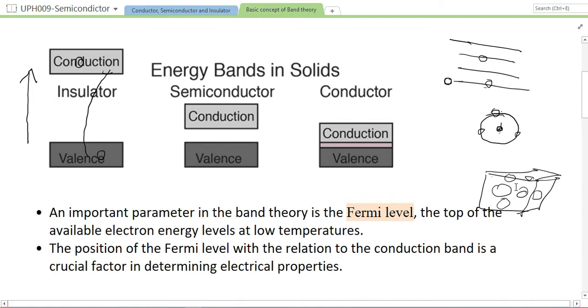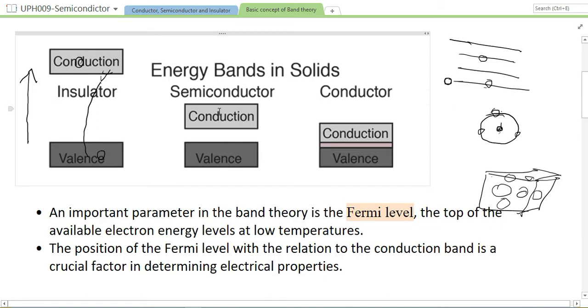But if you dope some other material into this material, so putting some impurity into it, then that doping changes the arrangement or the environment within it, and some of the electrons get some extra energy, or the band structure gets modified a bit, and that's how some of the electrons can go into the conduction band, and that's how it can produce some flow of current when you apply a potential difference.